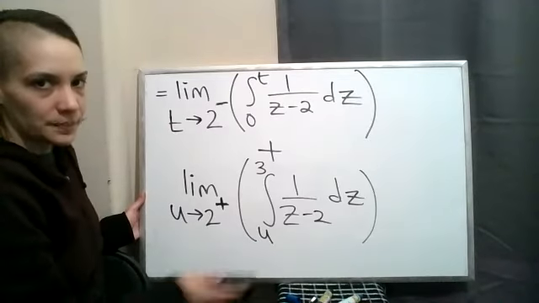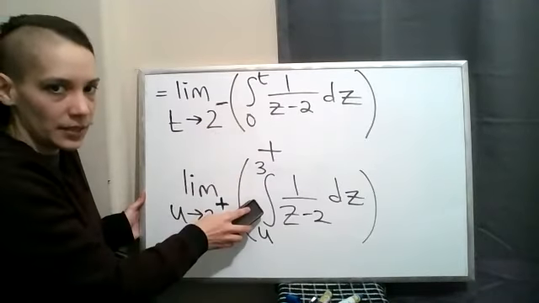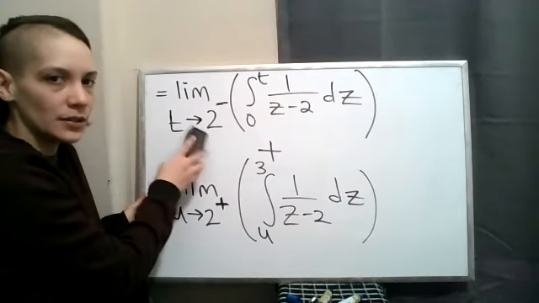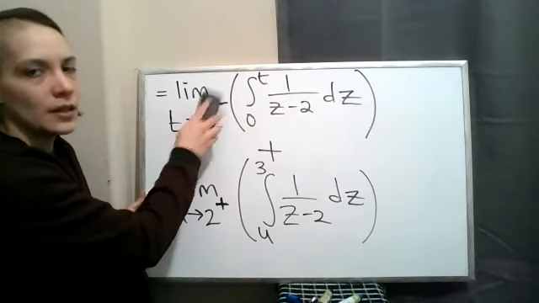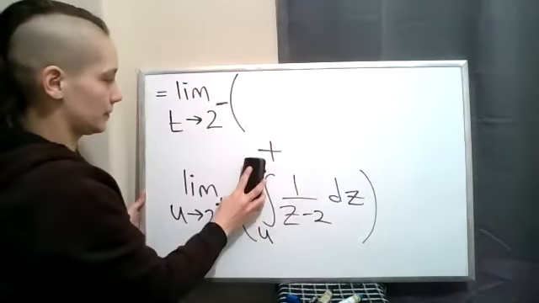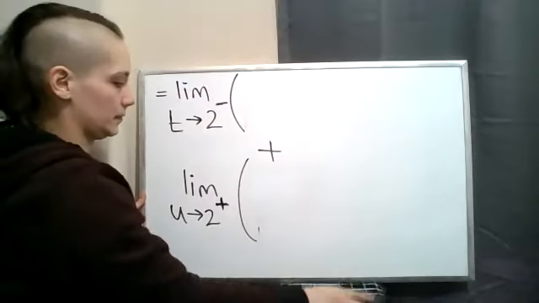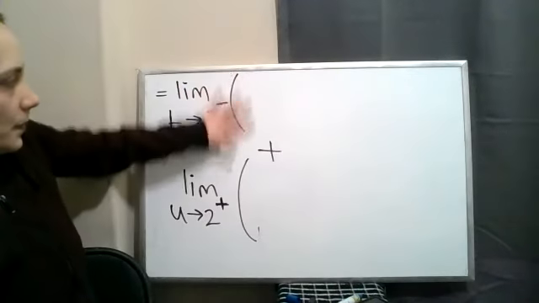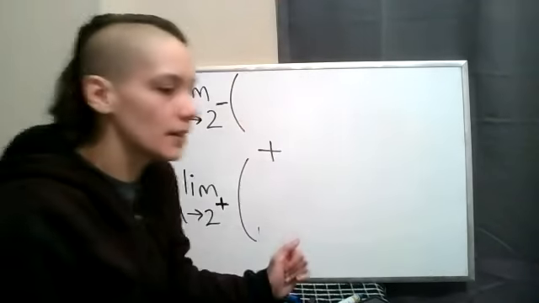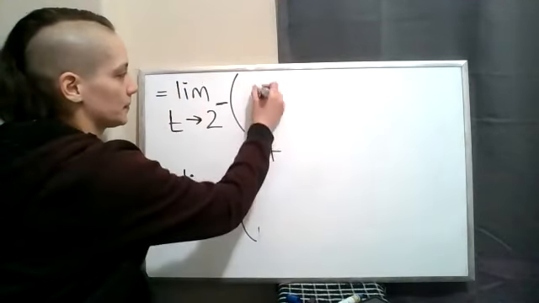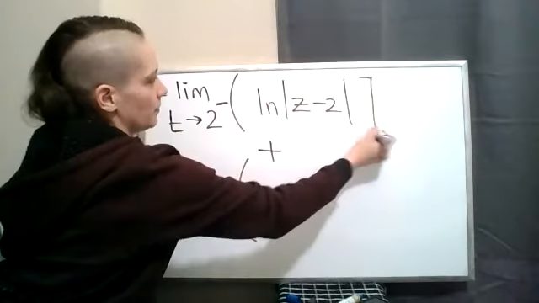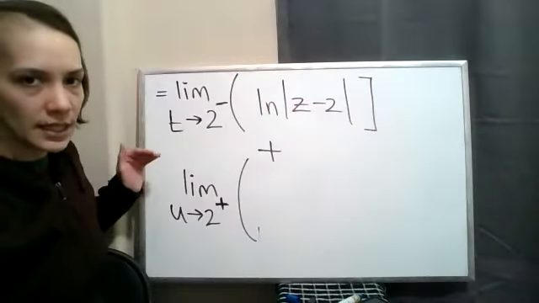Okay, the next step is to find each of those integrals. So I'm going to leave a bit of this here. The limit as t goes to 2 from the left of the antiderivative, which is ln absolute value of z minus 2, evaluated from 0 to t.